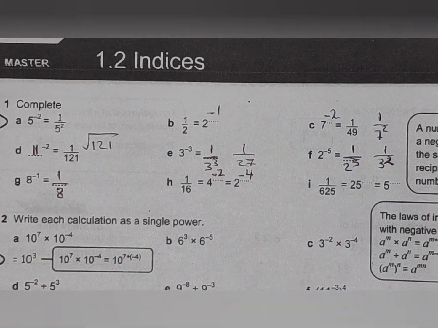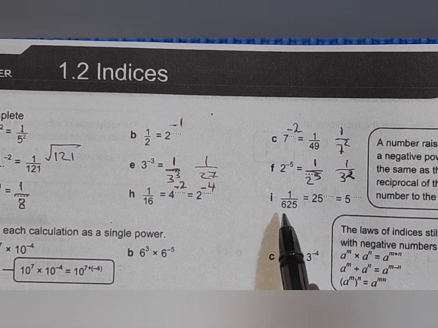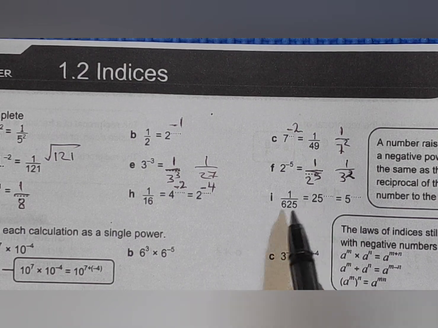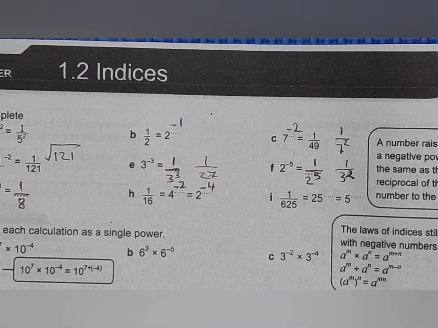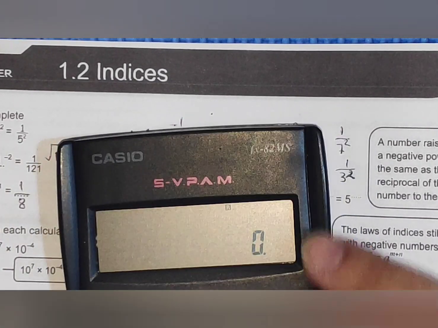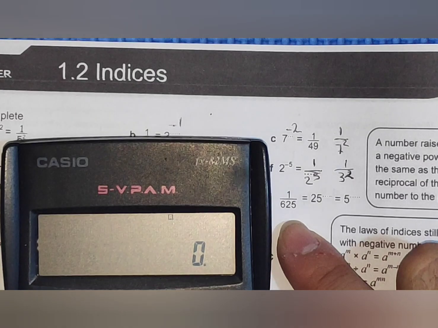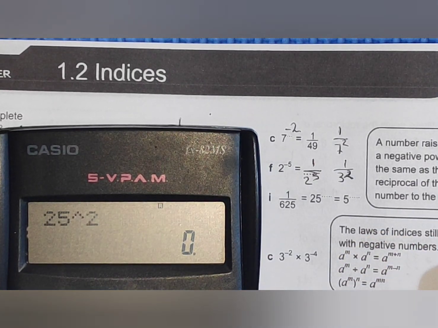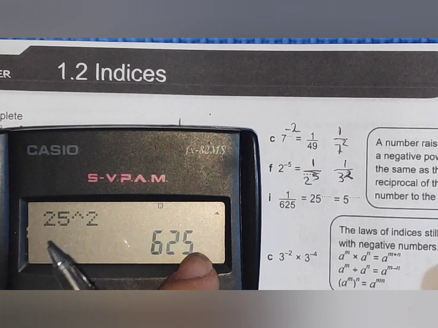Now the last one here, we have 1 over 625. Same idea, I need the base number to become 25. So I'm going to use the same idea. I need 625, I'm sorry. Here, 625. So 25 power of 2 is 625.